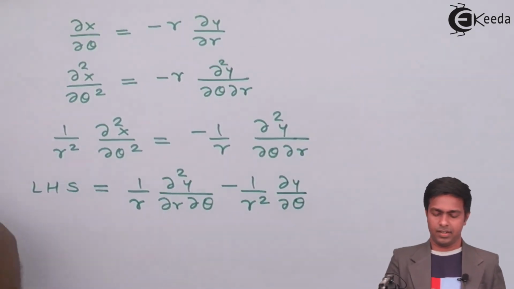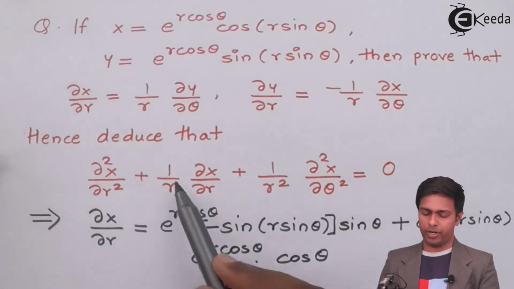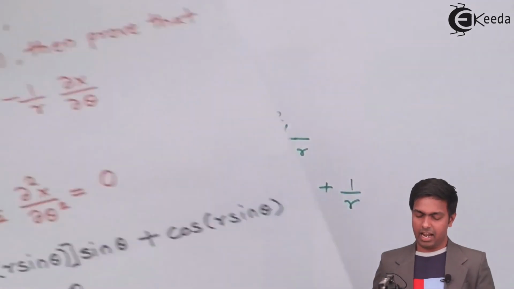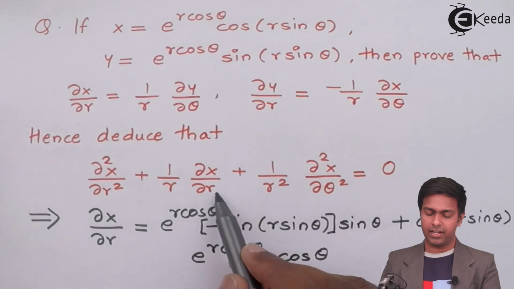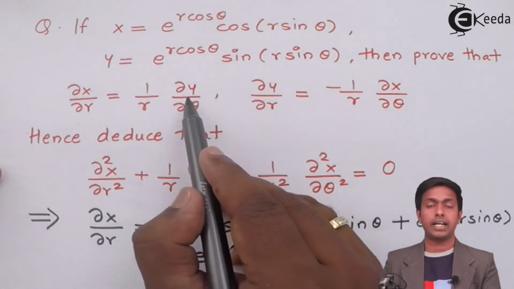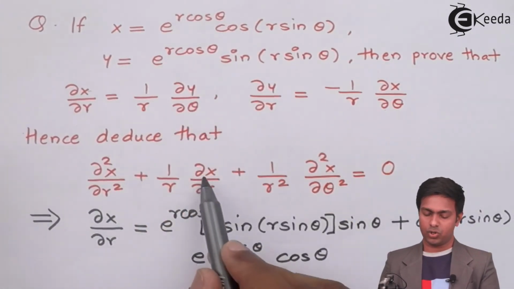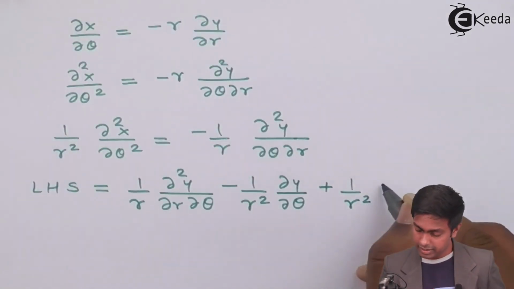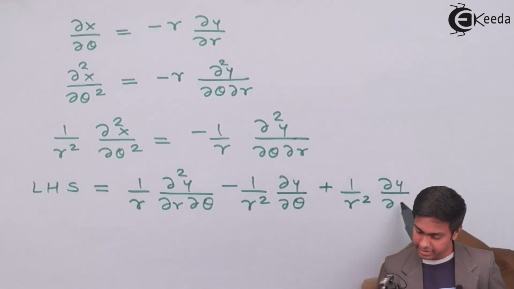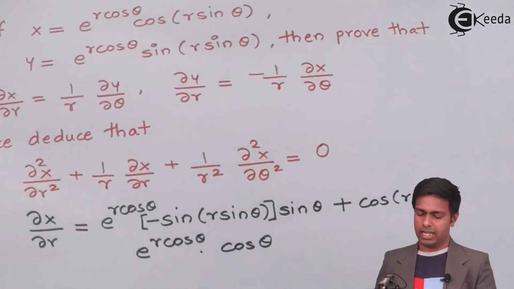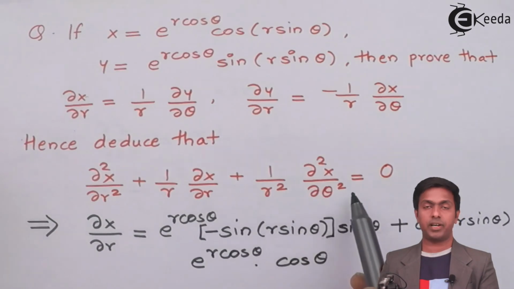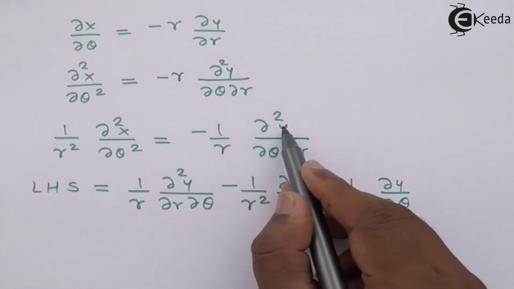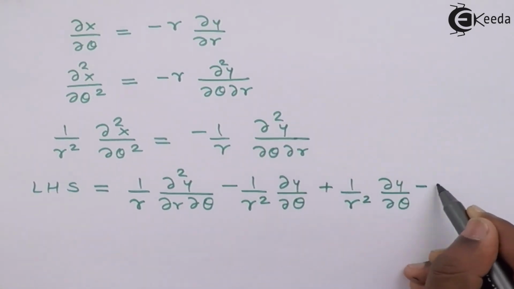Next, the second value, that is 1 by r as it is, and the value of del x by del r, which is 1 by r del y by del theta. So if I put this value over here, that will become 1 upon r square del y by del theta. And now the last value, that is 1 upon r square del square x by del theta square, and that is equal to negative 1 by r into this.